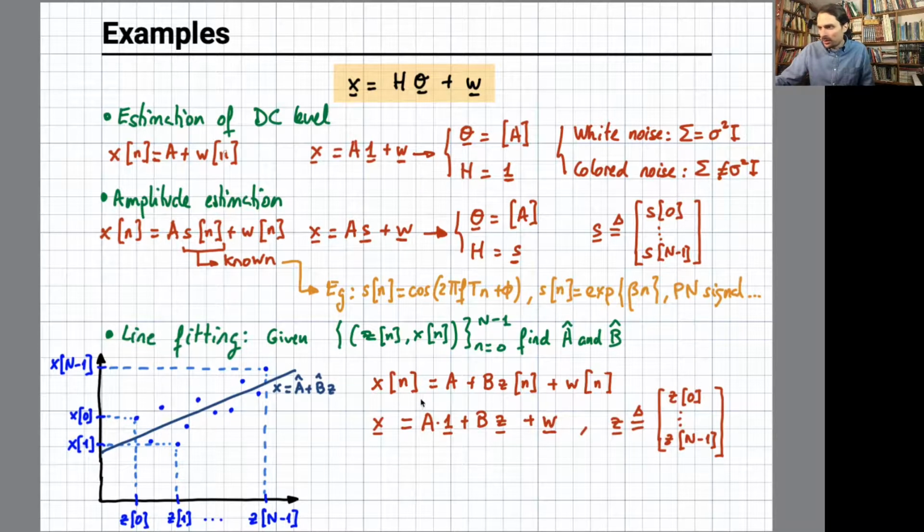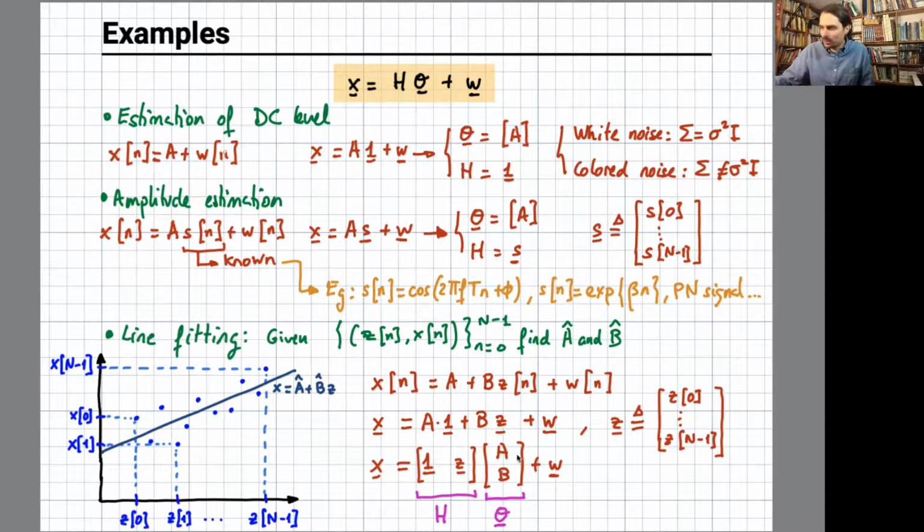This can be expressed in vector form just by defining this vector z. And again, one can see that this is just a special case of this expression here, if one defines H and theta in this way.